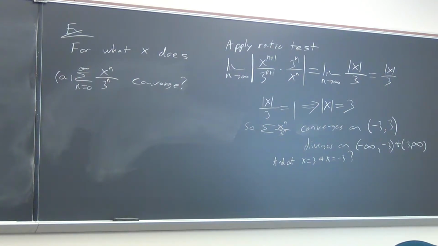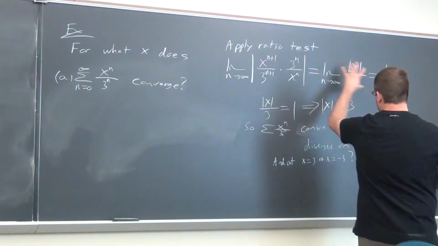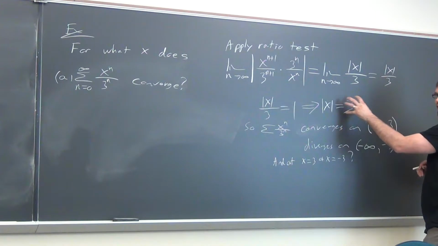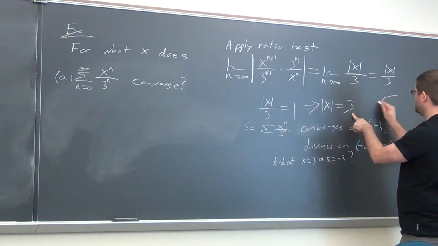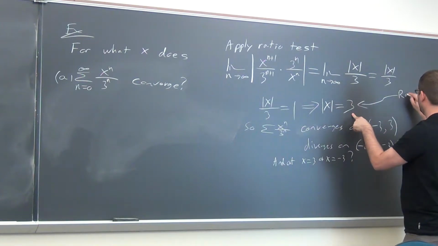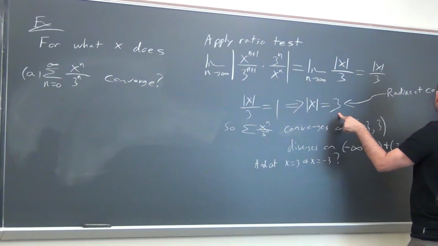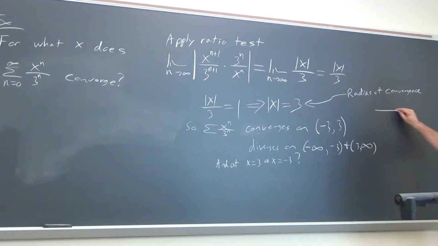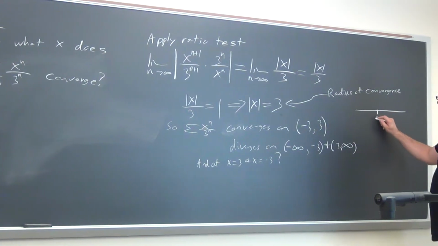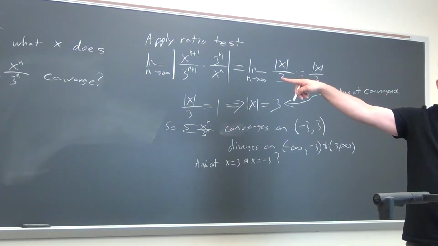So this is going to be the standard way this flows, right? You'll do the ratio test, you'll solve for the absolute value of x. This is going to be called the radius of convergence. This 3 is your radius of convergence, and remember this is a power series centered around 0, because it's just x to the n.